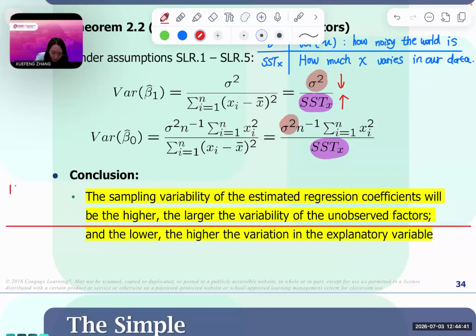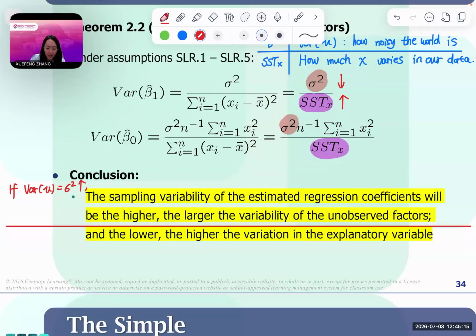If the variability of the unobserved factors, which is mu, and also the variance of mu equals sigma square, if this one is higher, our sampling variance will be higher. Like this, okay?